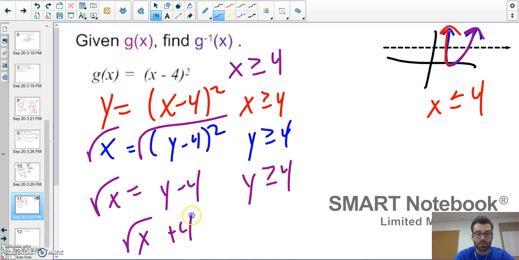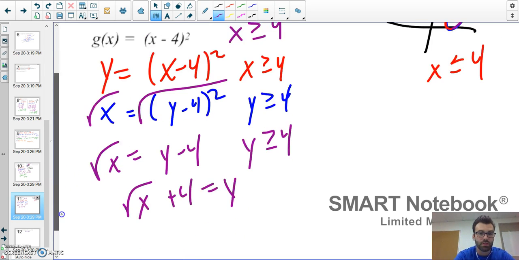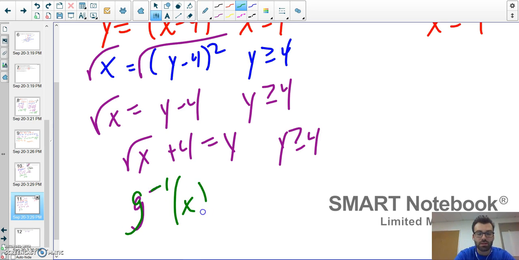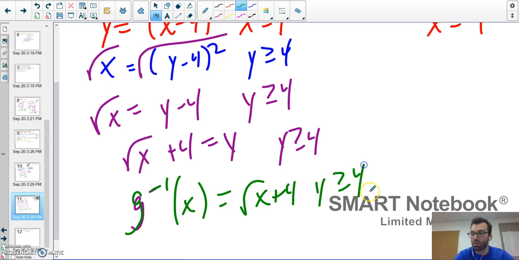The square root of x plus 4 equals y, with y greater than or equal to 4. Lastly, is this g? Yeah, g inverse of x equals the square root of x plus 4 with y greater than or equal to 4.